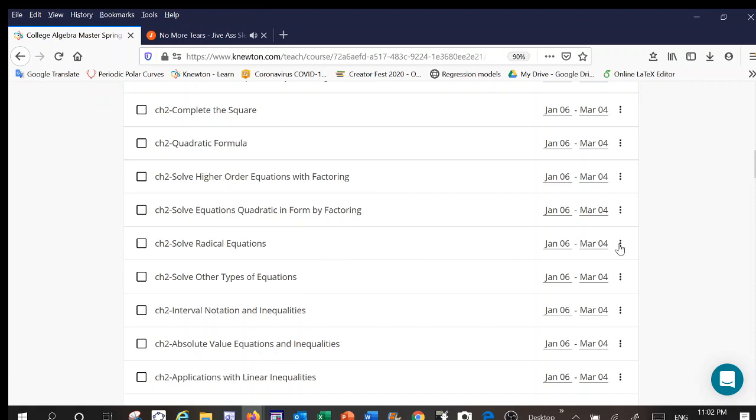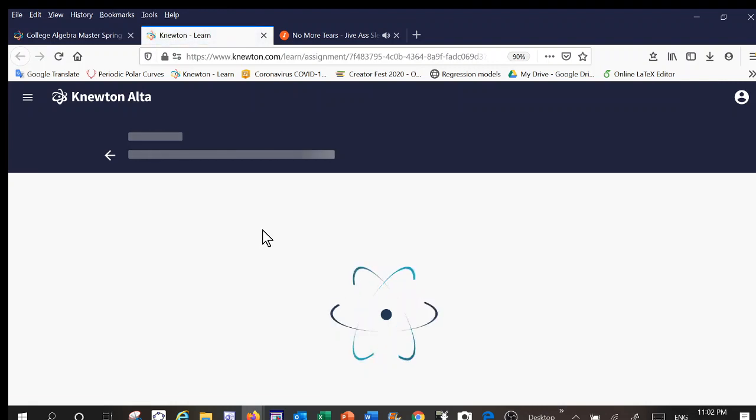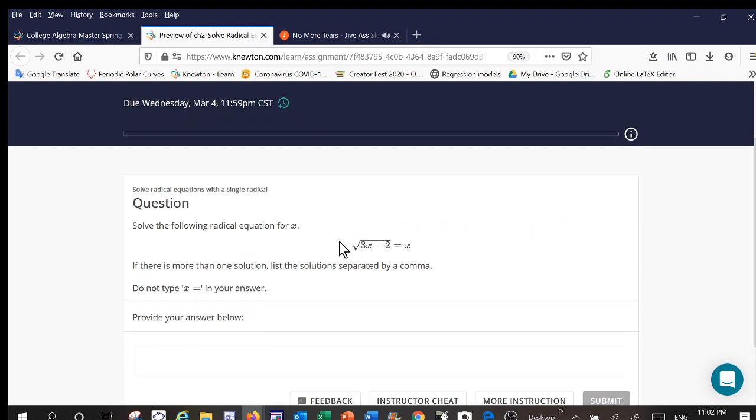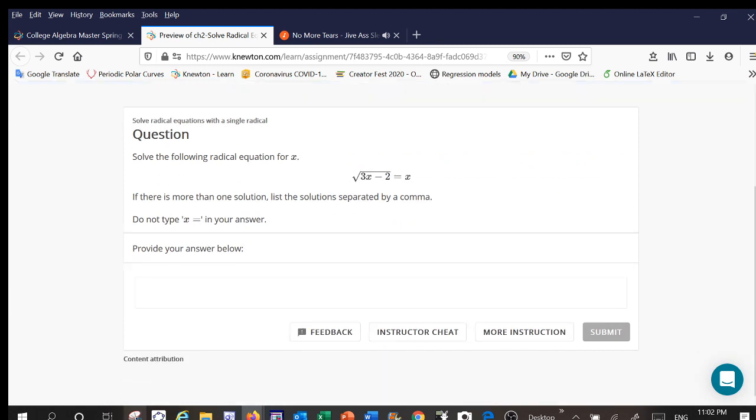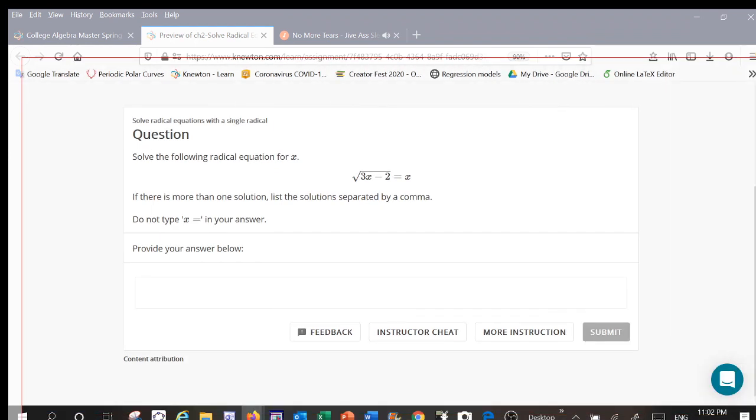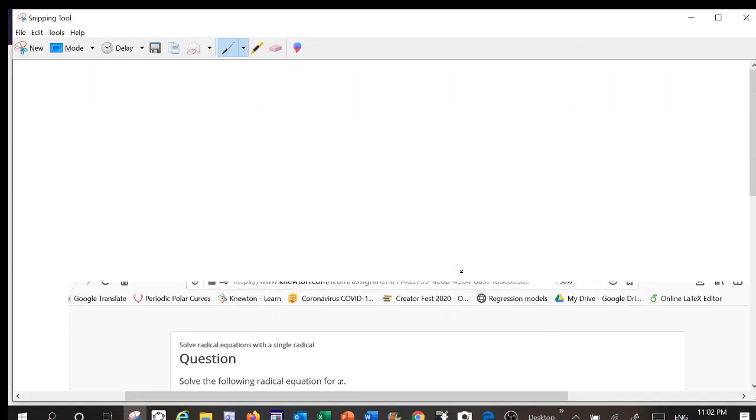Solving radical equations. How do we do that? Well, radical equations are equations that look like there's a radical here, something is inside, and then equals some number.